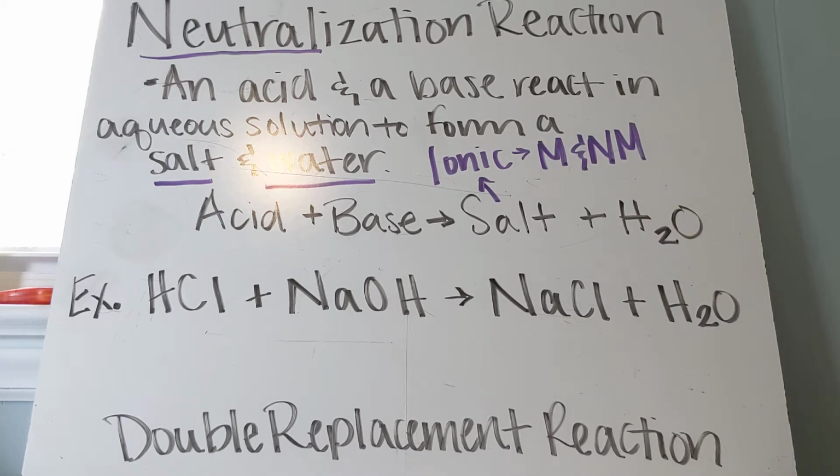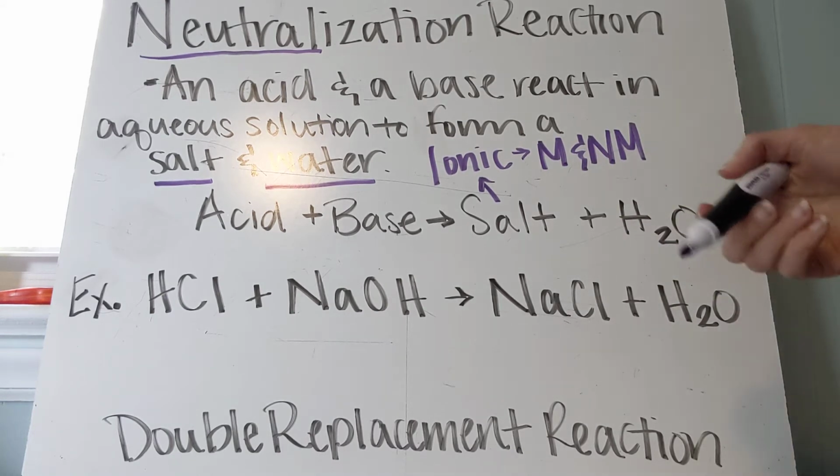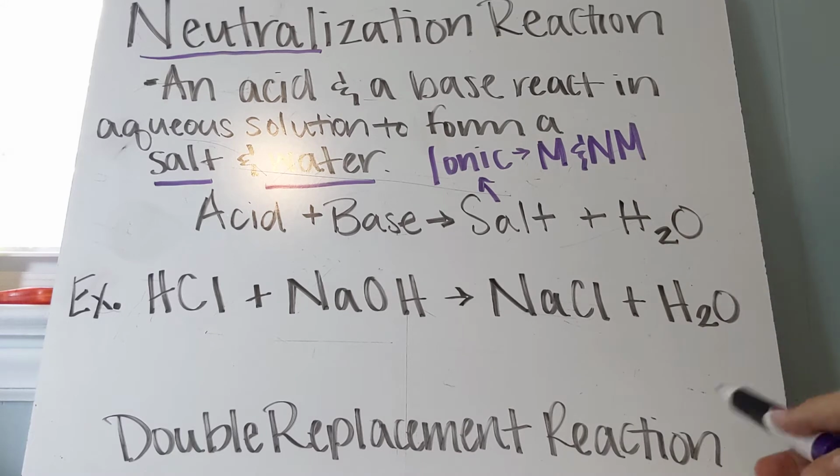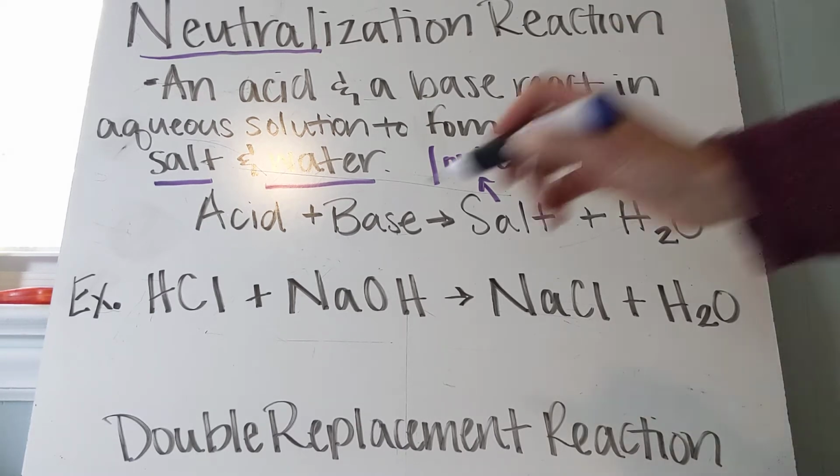So let's take a look at our example down here. And I want to point out to you that these are going to be double replacement reactions. So to take you back to all of our different types of reactions back in that reaction unit, double replacement reactions are where we have the cations switching places.